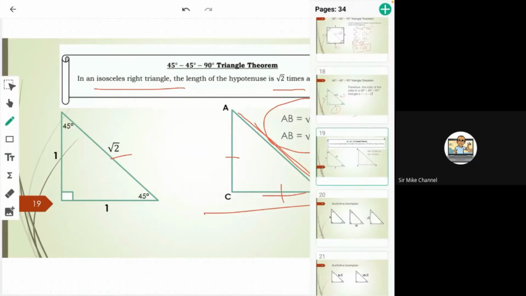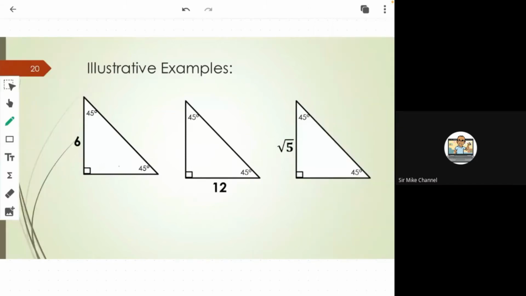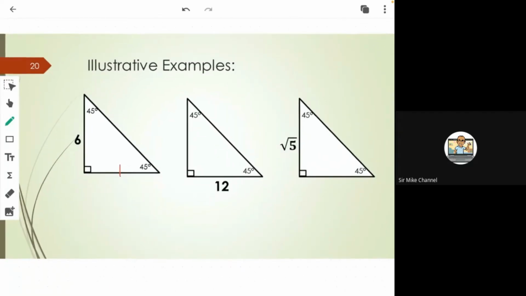Okay, example number 1. What is the measurement of the hypotenuse? So anong measurement natin dito? Siyempre, ito ay 6. Okay, anong measurement ng hypotenuse?